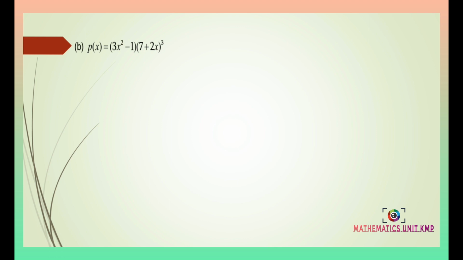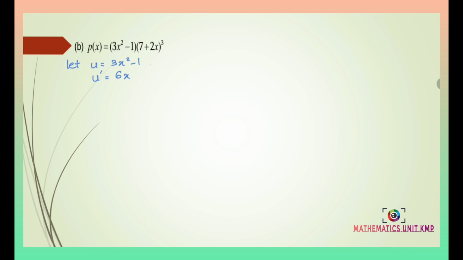Next, we go to another question. The question given, p(x) equal (3x squared minus 1) times (7 plus 2x) all cubed. First, we have to let u and v. Let u be 3x squared minus 1, and then we differentiate u, which is 6x.